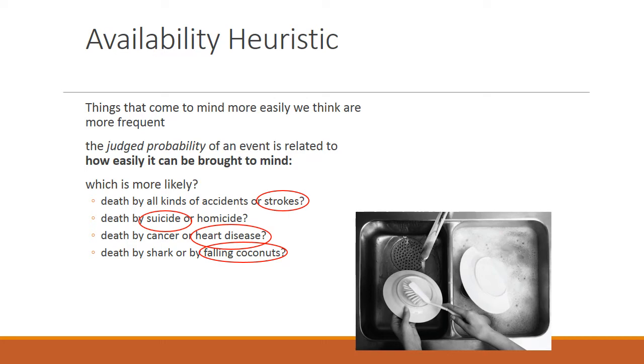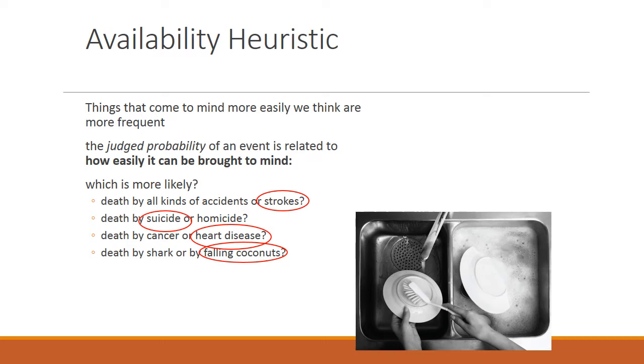You can think of examples of homicide that you've seen on the news perhaps, so you think that's more frequent than death by suicide because you hear about those less often. So even though these other things are happening more often, you just don't hear about them as often, and that influences your judgment of how likely those events are.